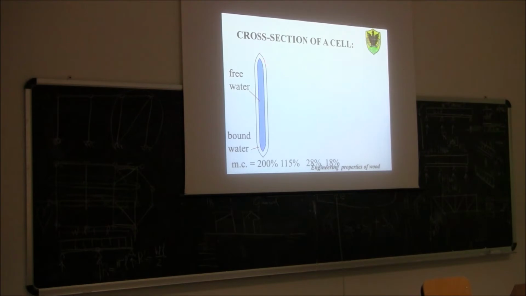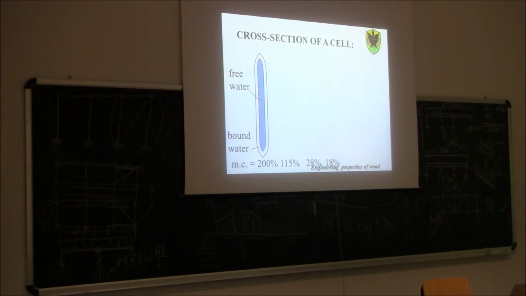Why do we make this distinction? Let's have a look at this schematization of a cell. A typical cell of the wood is like a straw, as we learned last week. It's a long-shaped cell, and it has a lumen inside, the cell lumen, which is this cavity. When the tree is alive, all these cell lumens are filled with free water.